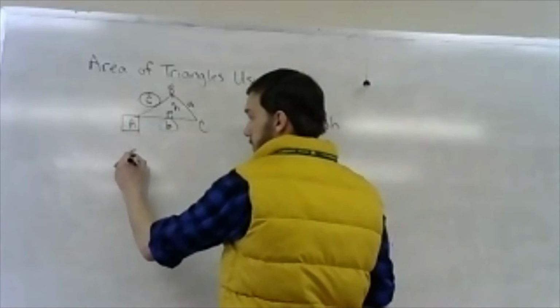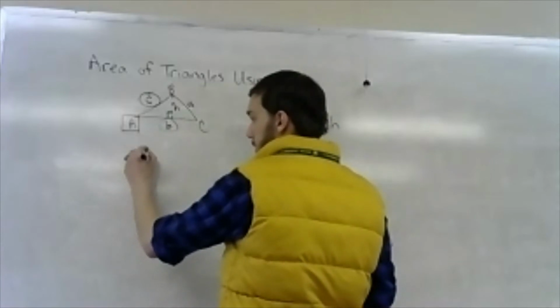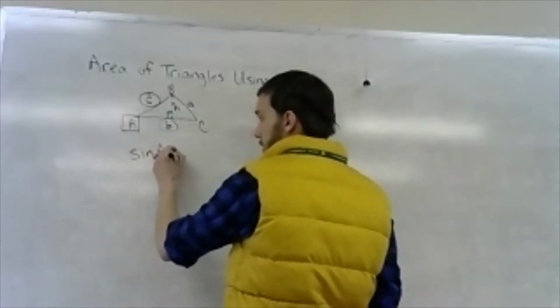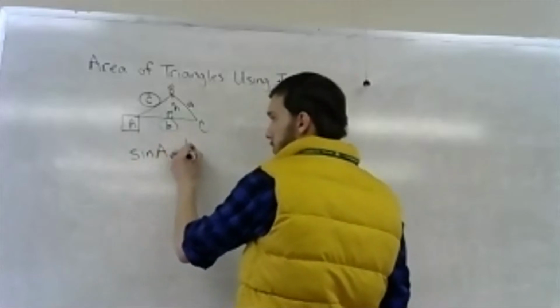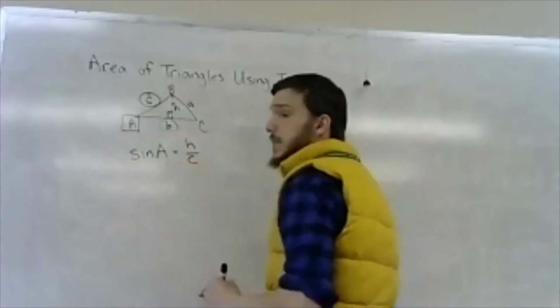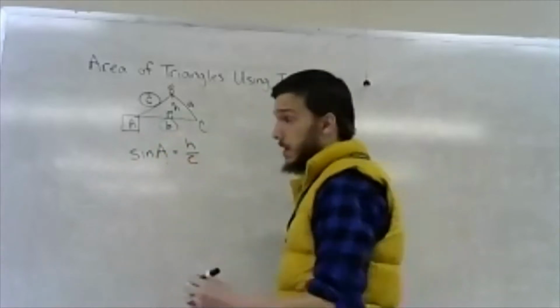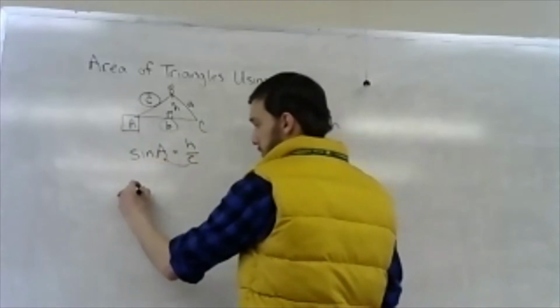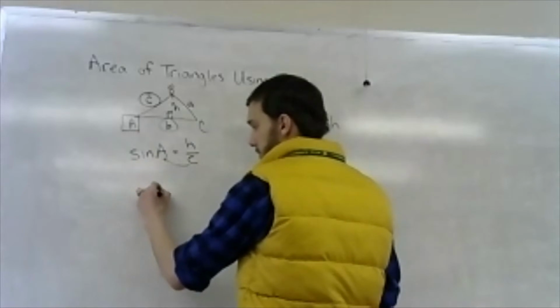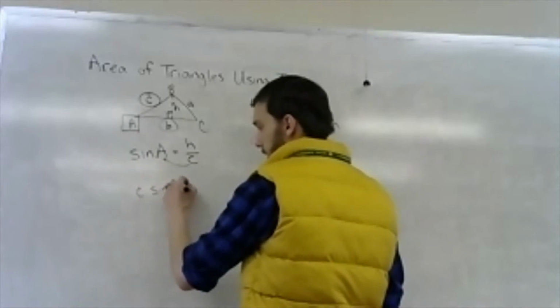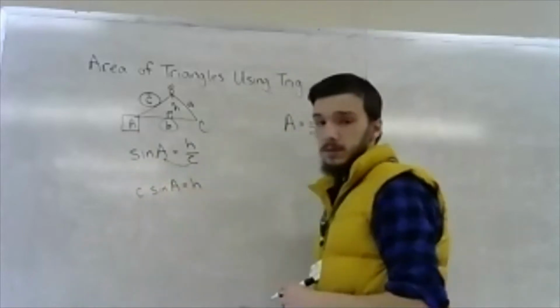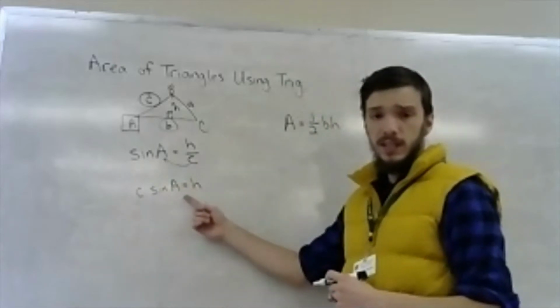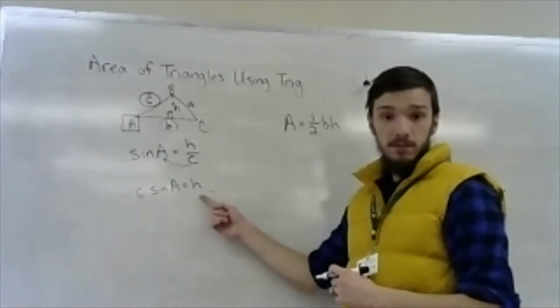We have sine of angle A equals H over C. To get H by itself, we multiply by C so that we have C times sine of A equals H.